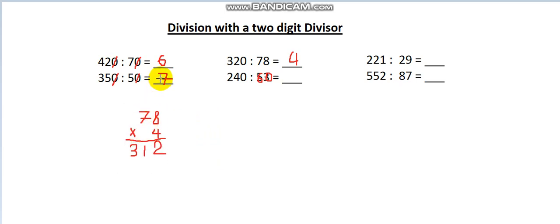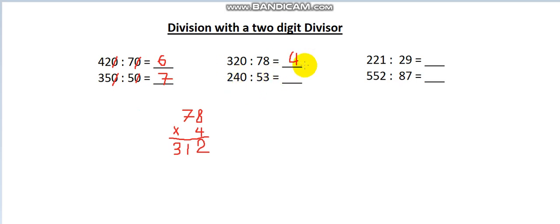So in the case that I had 240 divided by 60, I would say, in order to find the answer, how many times the 6 fits into 24. And the answer to that would be 4.